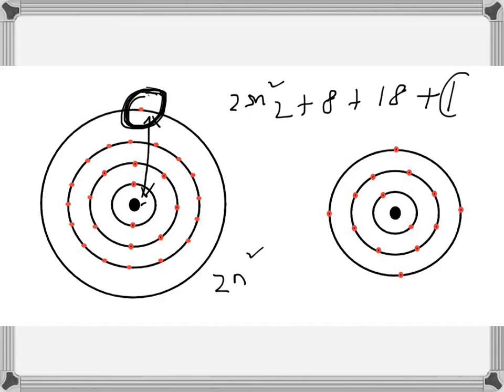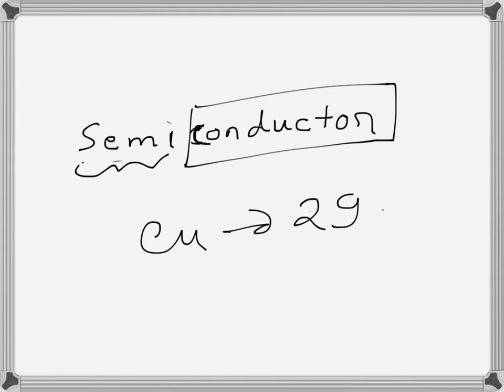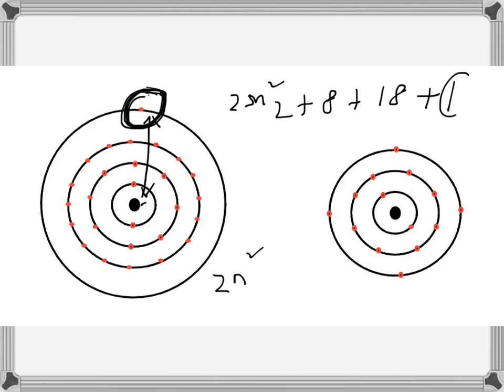Now a very common semiconductor is silicon, and this is a silicon atom. Its first orbit has 2, the second has 8, and the third has 4. So a silicon atom has 14 electrons, and this is how the electrons are arranged.